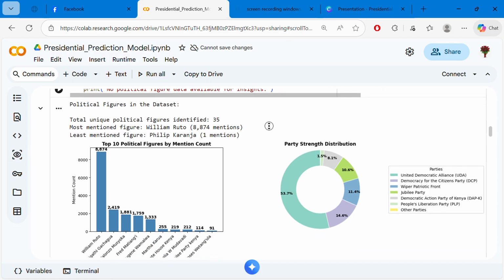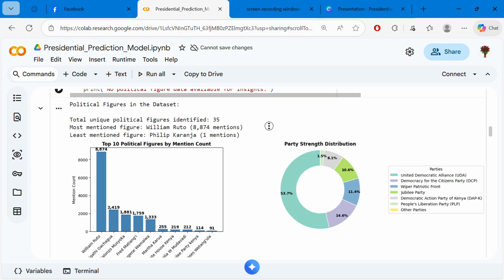We visualized how the mention count relates to each political figure, and we found that William Ruto was the highest with 8874 mentions, and the lowest was Moses Wetangula with 91 mentions.